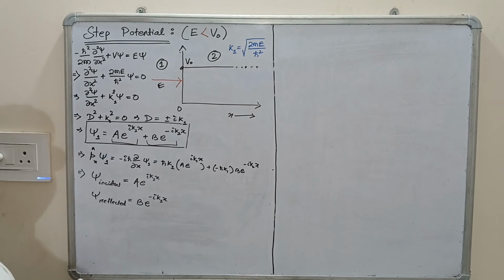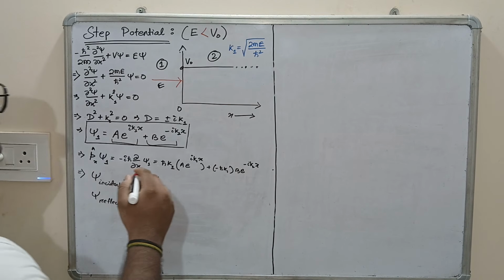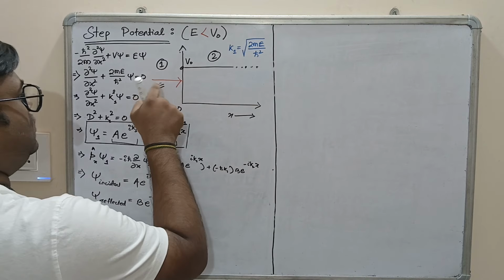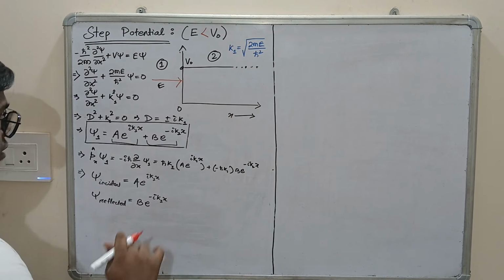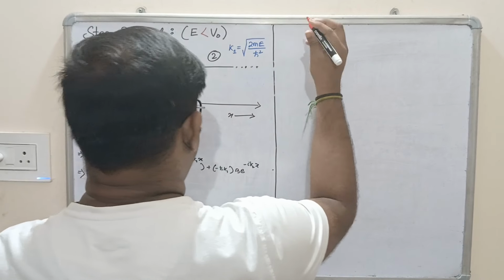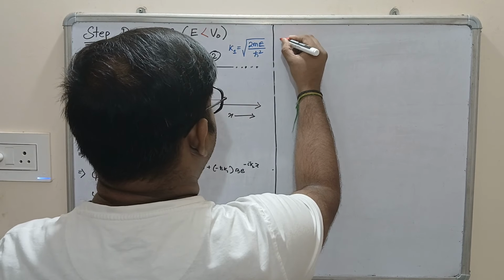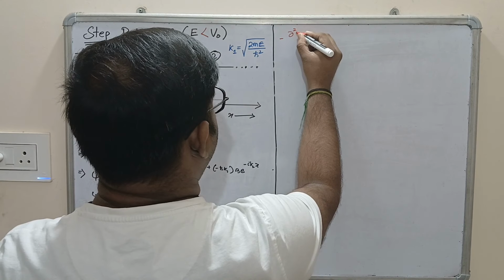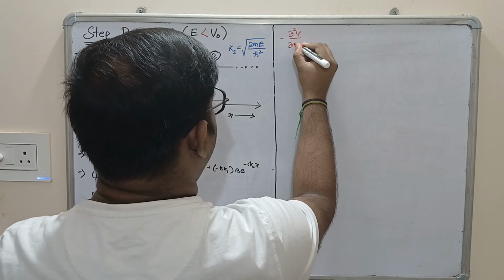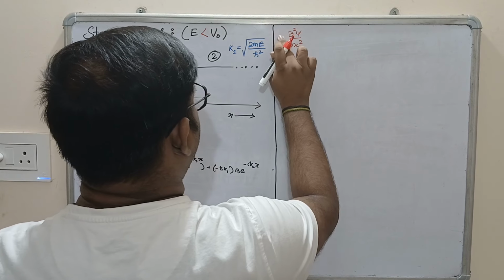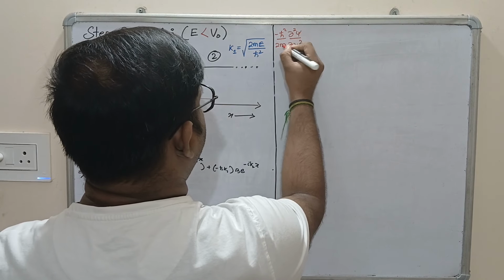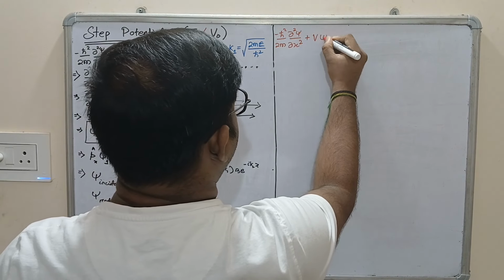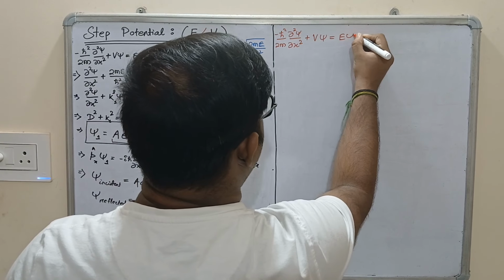Now what happens is, this particle has to go through this. Let's not think about it and write the equation first. Okay, so the equation of the wave function will be minus h bar square by 2m del square psi by del x square plus V psi equal to E psi.